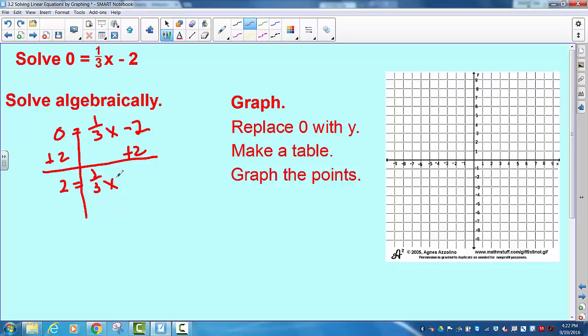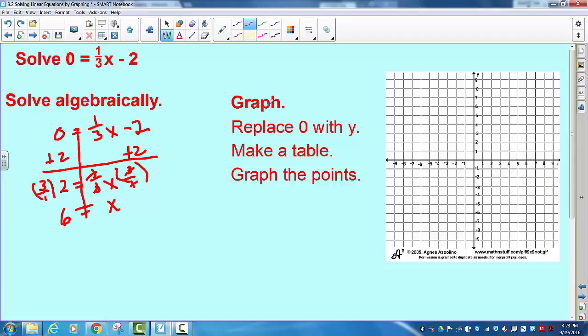To get rid of the 1/3, we multiply both sides by 3 over 1. And that causes this to go away, because it becomes a 1, and that leaves you with x equals, and 3 times 2 is 6. So solving it algebraically, we get an answer of x equals 6. So the root, the solution, the 0, the x-intercept is 6.